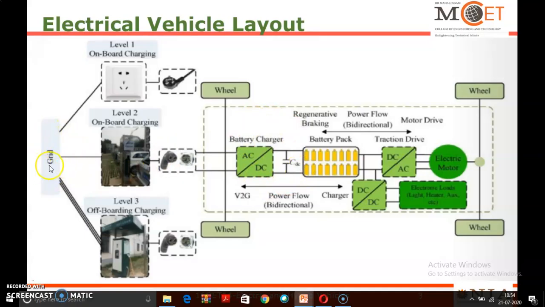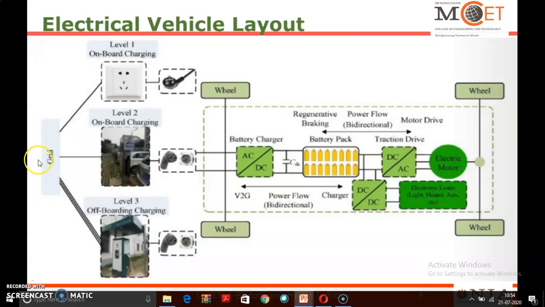So there are basically two types of energy sources available. One is the conventional energy sources and the other is the non-conventional energy sources or renewable energy sources. We know that conventional energy sources always depend upon fossil fuel for electricity generation, whereas non-conventional or renewable energy sources do not depend upon fossil fuel.